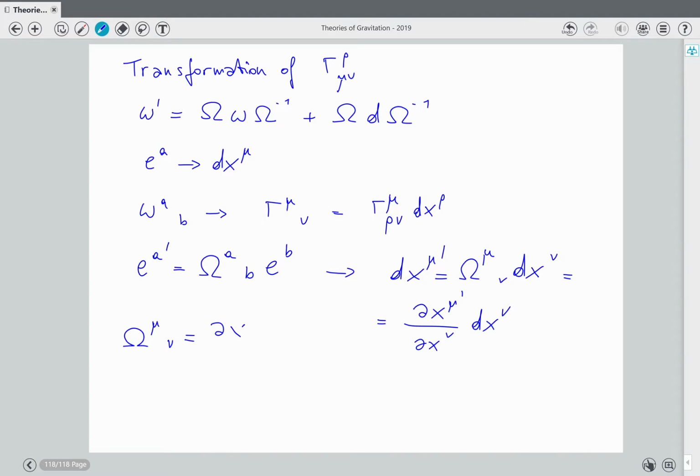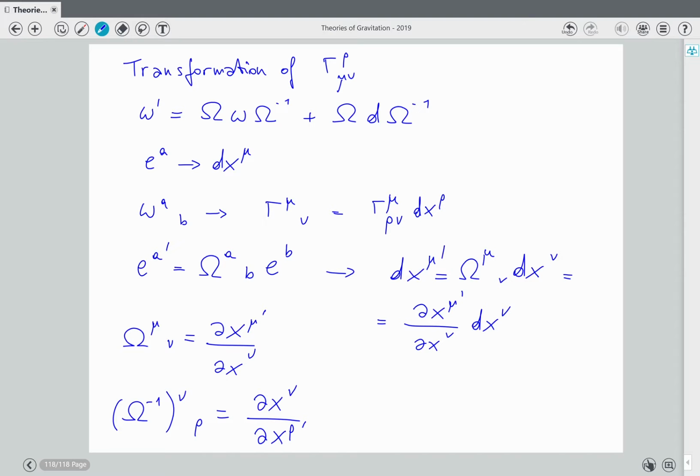That is the Jacobian of the transformation. We also need omega minus 1, let's say nu rho. It's the matrix that gives the identity when you multiply it by omega, so it's obviously partial x nu over partial x rho prime.